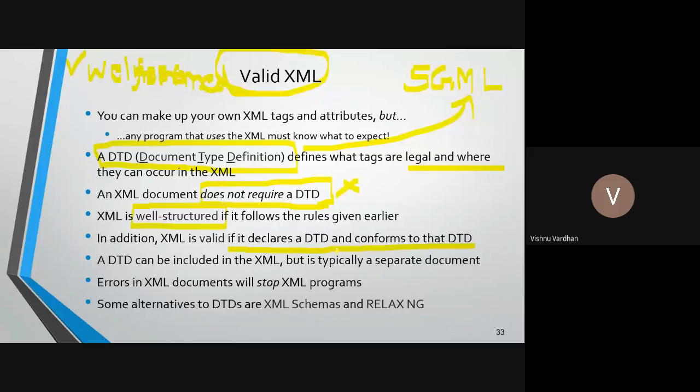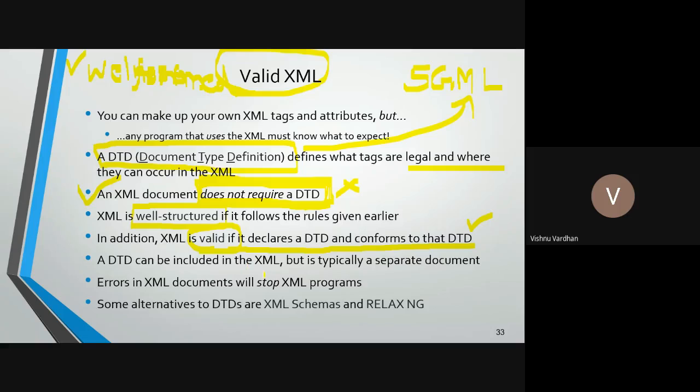If you have created a DTD for the XML and are appending it to the XML, only then does validation come into the picture. This is an important point to understand. Otherwise, XML does not require any DTD for normal document designing. If you want to create a document in XML you don't need a DTD, but if you want to validate, you have to take the help of a DTD.